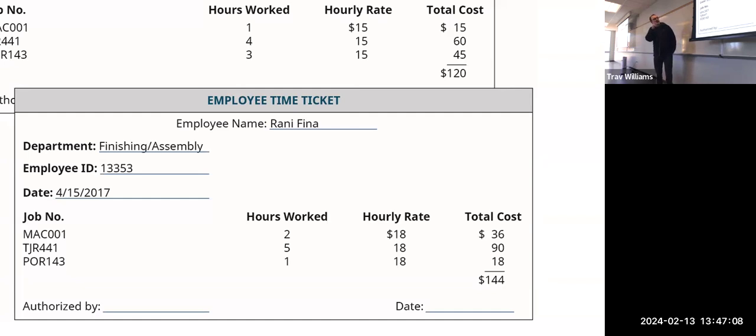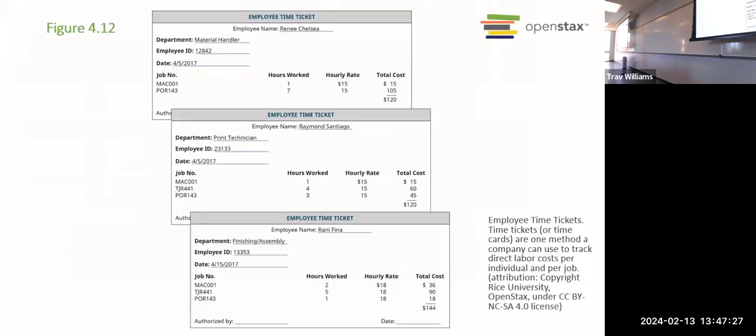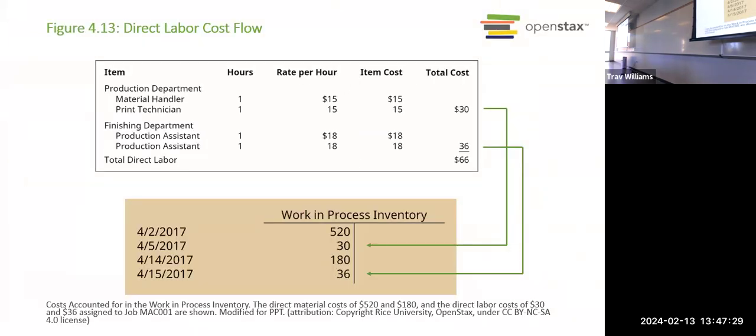Okay, but anyways, so we have a record of what each employee did and for which jobs. So we can apply those labor costs to those specific jobs. All right, any questions on that? Okay. And so now those labor costs also get added into work in process inventory.